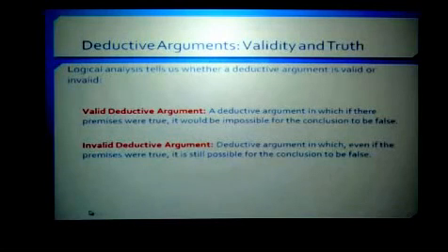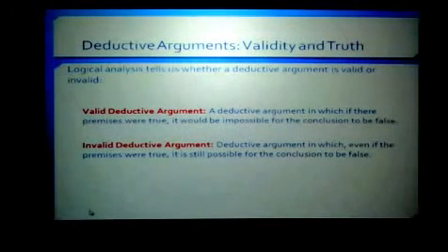So validity refers to the type of reasoning of deductive arguments. And when a deductive argument has good reasoning, we refer to that kind of deductive argument as a valid deductive argument. So a valid deductive argument is a deductive argument in which if their premises were true, it would be impossible for the conclusion to be false.